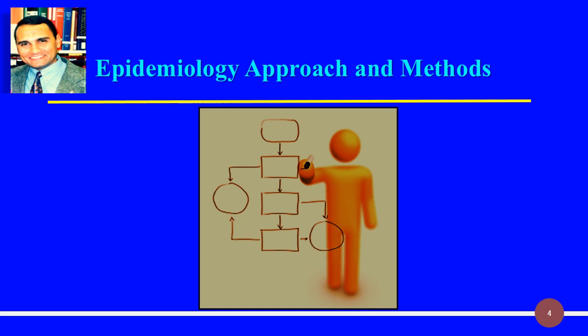This is done by developing a case definition, then using this case definition to collect information about the diseased cases, then performing a descriptive epidemiology by characterizing the cases collectively according to time, place, and population.